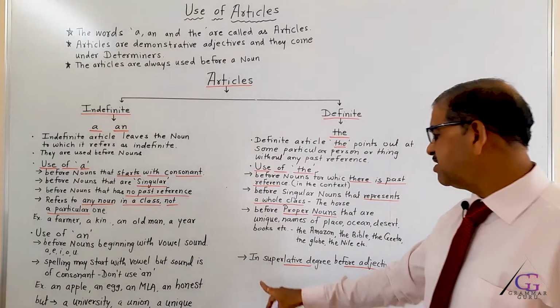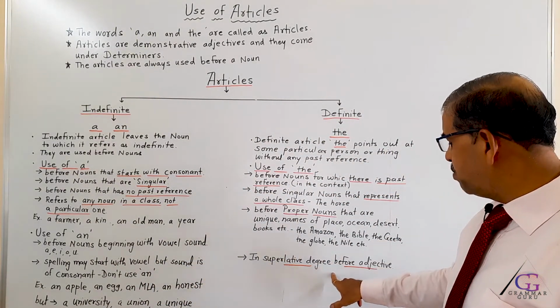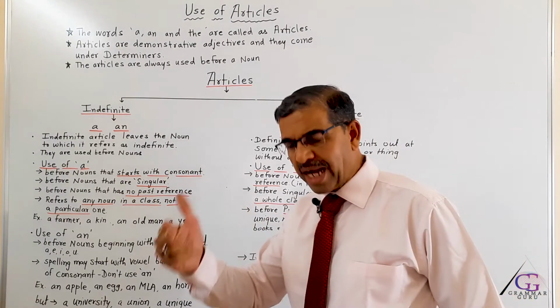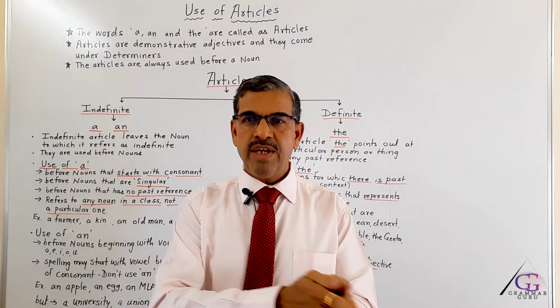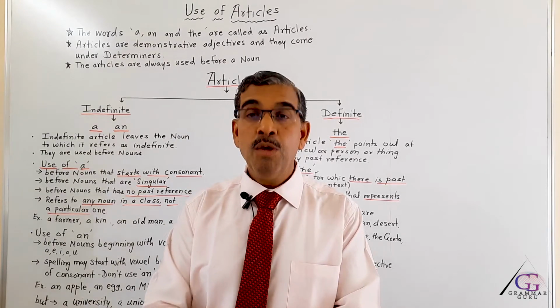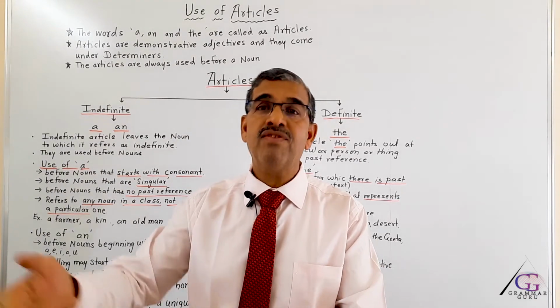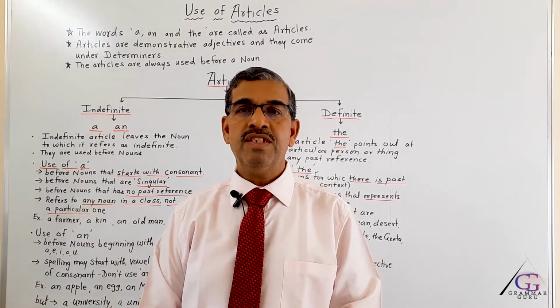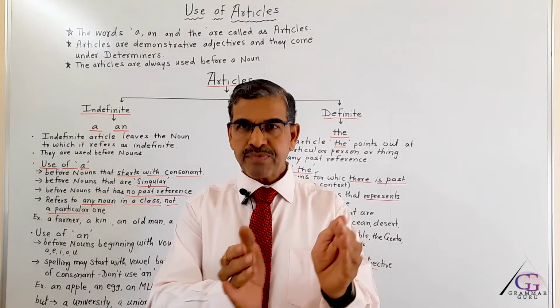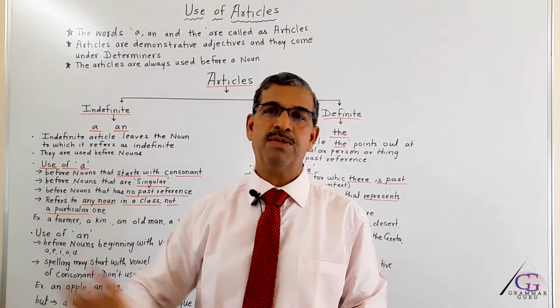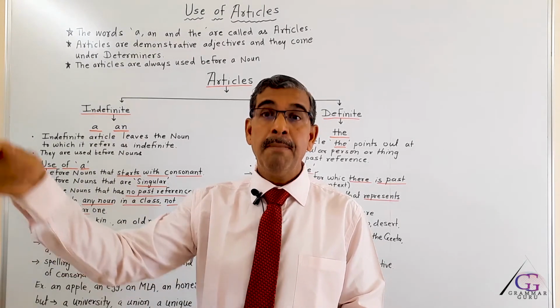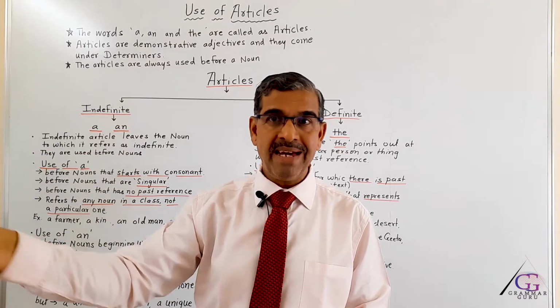And the last point is, the is used in superlative degree before adjective. So in superlative degree, we use article the before adjective. After adjective there is a noun. So we say Ronaldo is the most famous player. Famous player is the noun. The player. Why the player?